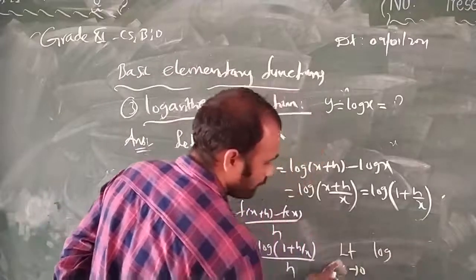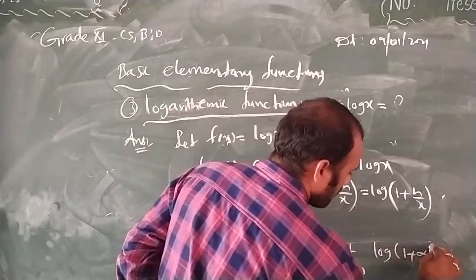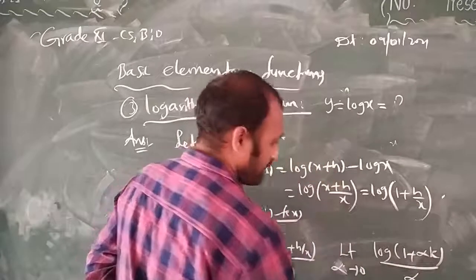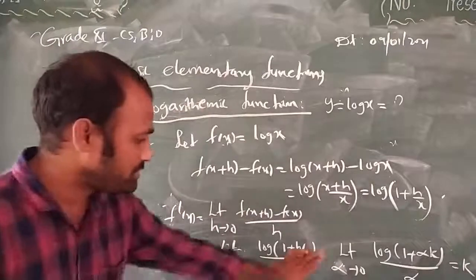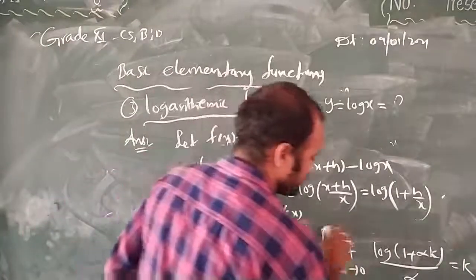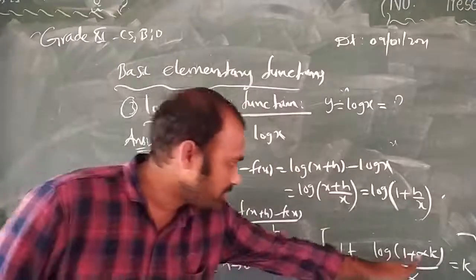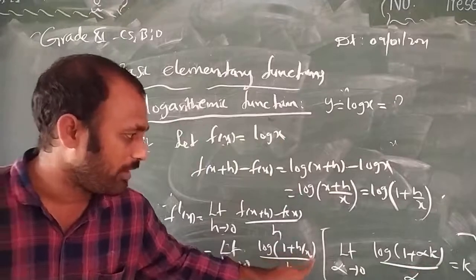So limit alpha tends to 0 of log of 1 plus alpha k divided by alpha is equal to k. If you observe this, compared to these two limits, here you can see that the variable tends to 0, but instead of k we have 1 by x here.